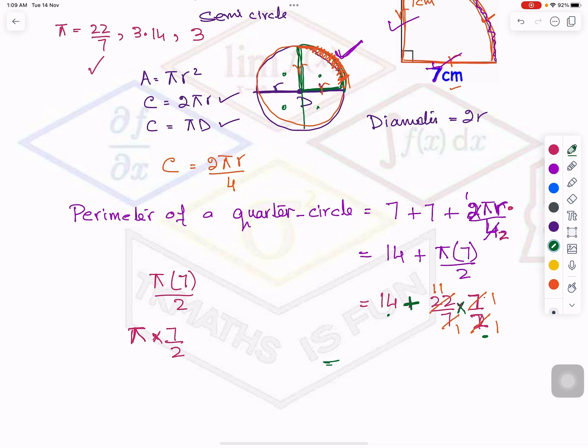So now what am I left with? 14 plus 11 times 1 is 11, because this is a numerator. 1 times 1 is 1. When the denominator is 1, usually we do not mention it. So now what is 14 plus 11? 25 centimeter. So this is your perimeter.